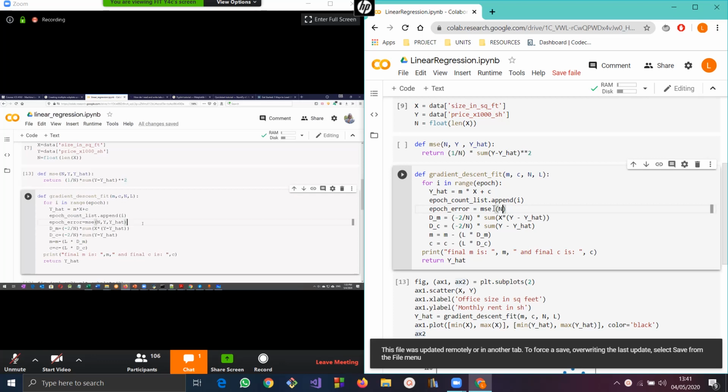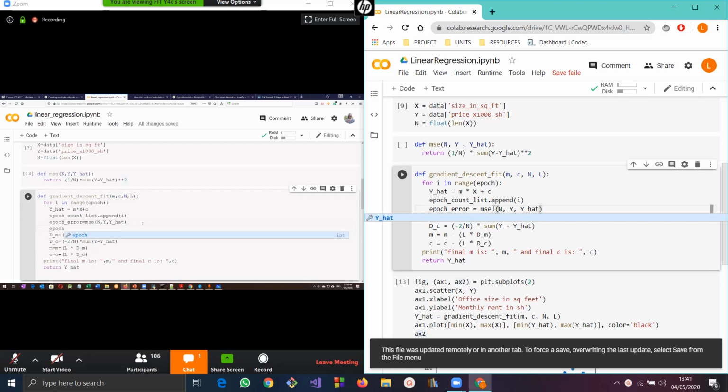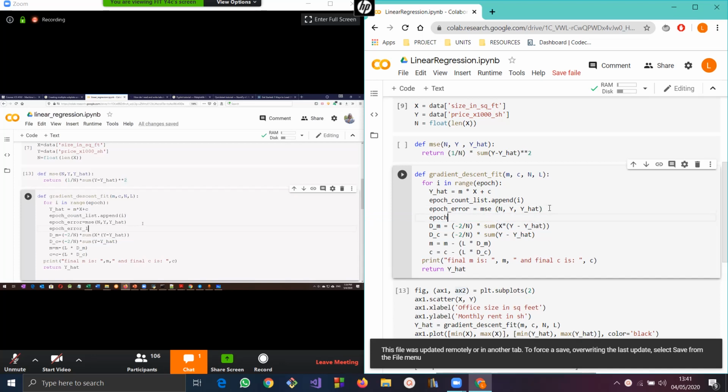Then I need to take that error and store it in a list. So I'll just say epoch error list. These are variables, you can call them anything, but I like calling variables what they carry. Dot append. Then I put epoch error in there.